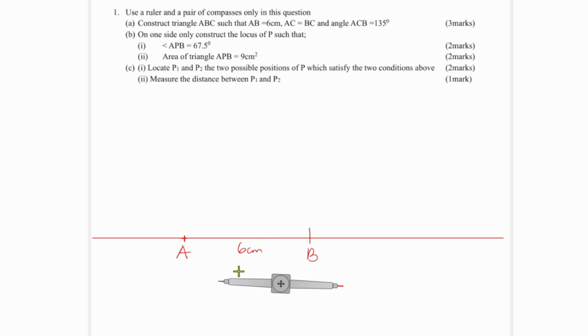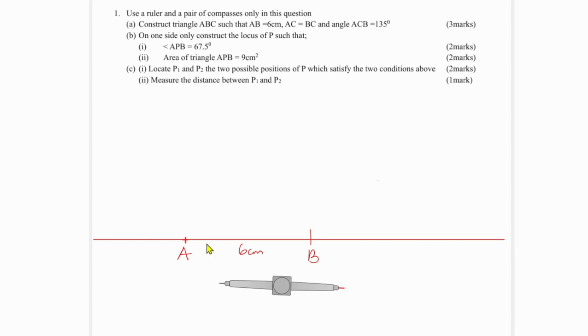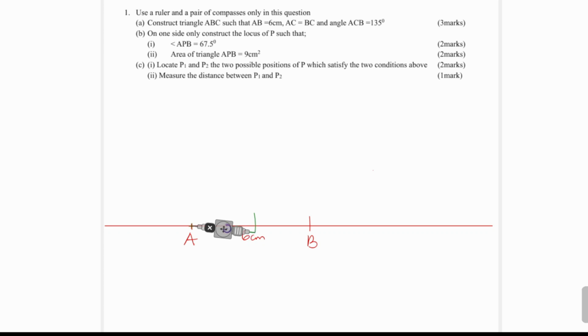From there, I want to construct 22.5 at A, following the sketch. So stand at A. I want to construct 90 degrees. With any suitable radius, mark an arc there, and then on the other side again, mark an arc there.